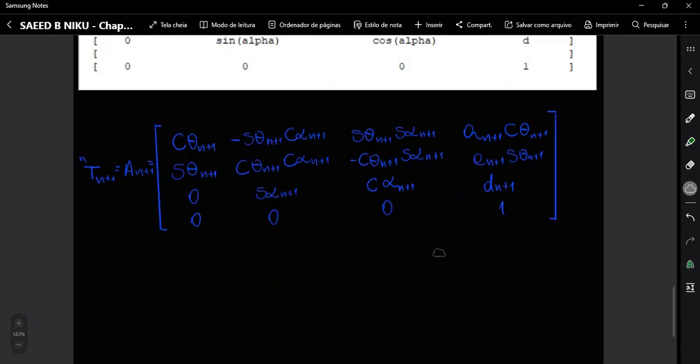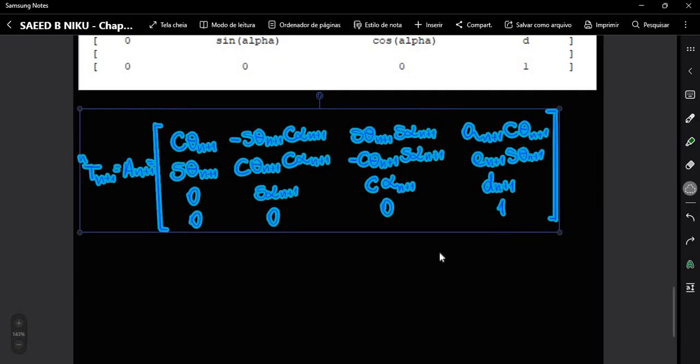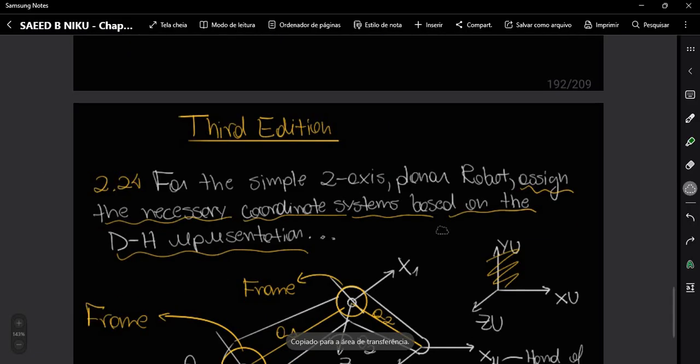So remember that for a transformation using DH, we got a generic solution, a generic matrix, which represents this transformation. So we already have calculated this transformation.